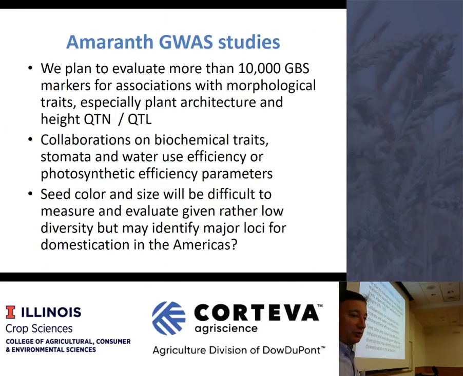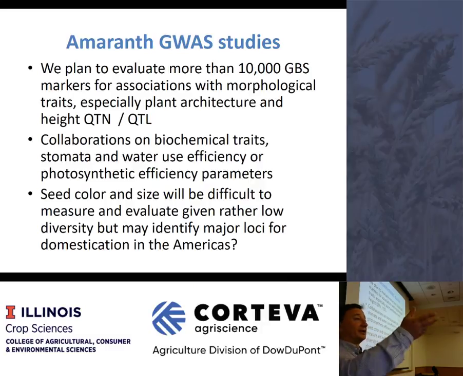So our amaranth US studies will be basically with our GBS markers, currently about 10,000 for that set of species, and good for identifying easy to measure traits, maybe morphological traits, plant architecture, and height especially. And then collaborations on biochemical traits, stomatal density, water use efficiency, or photosynthetic efficiency parameters.